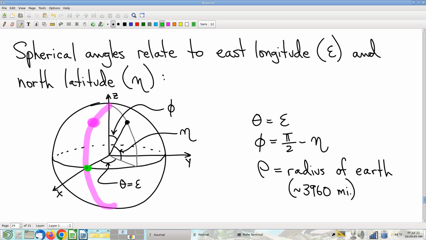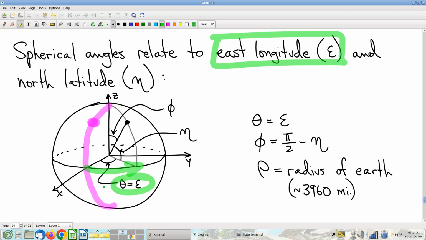From there, you can measure an angle called east longitude, which, if I have the Earth arranged on the XYZ coordinate system as I have it drawn here, is exactly just theta. That's kind of nice. So theta is east longitude.